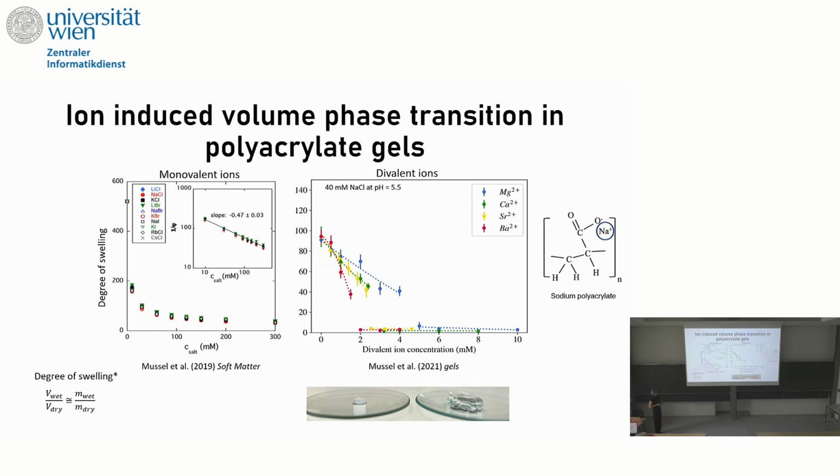Also, the nature of the chemical bond that bridges two carboxylate groups becomes more covalent, which is stronger than the ionic nature of the upper elements in this column. And here in this picture, you can see a gel right before the collapse and right after the collapse.